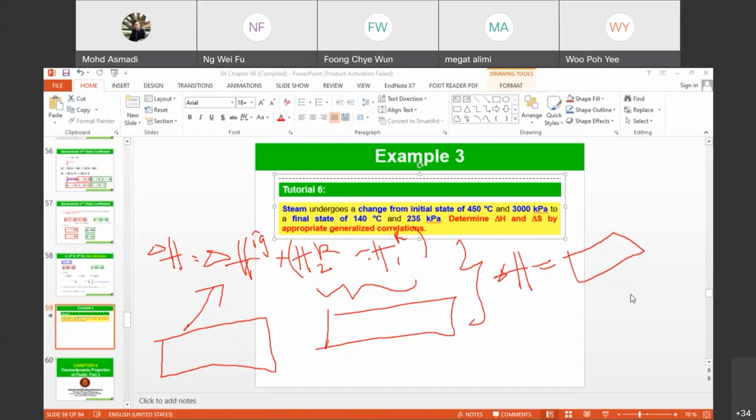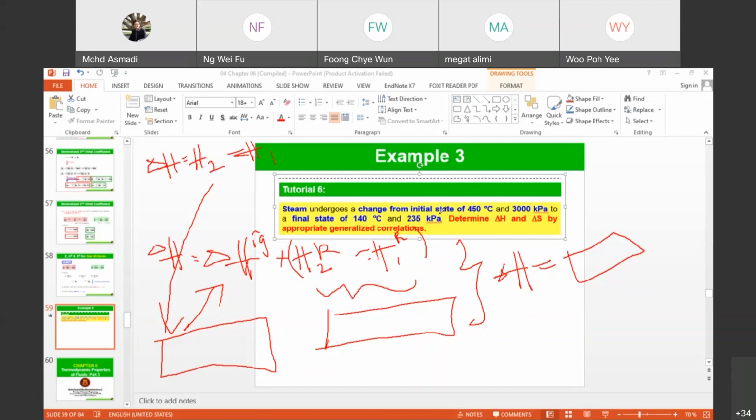Anyone? Nur Umaira, are you there? Can you give me the answer? This one I already explained how to determine. Okay, Nur Umaira, so you have to find in the steam table delta H equal to H2 minus H1.